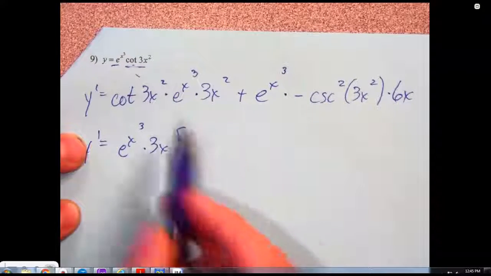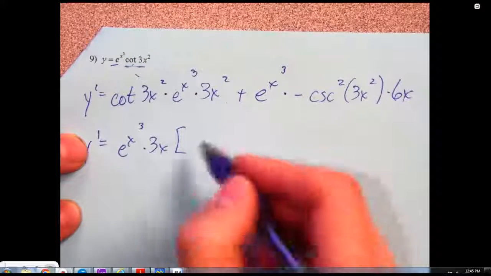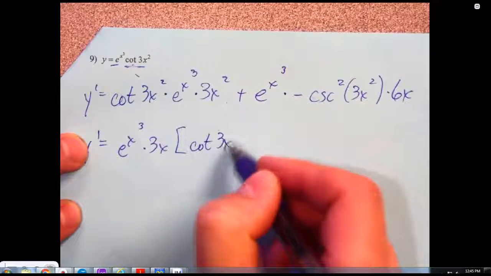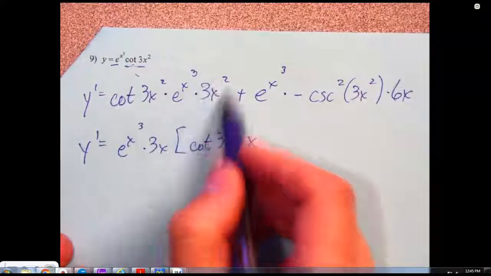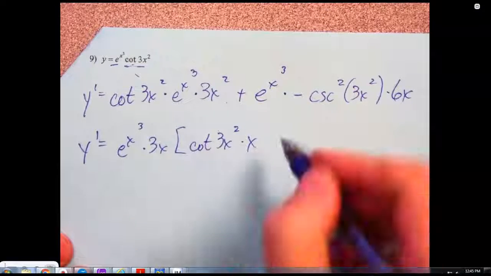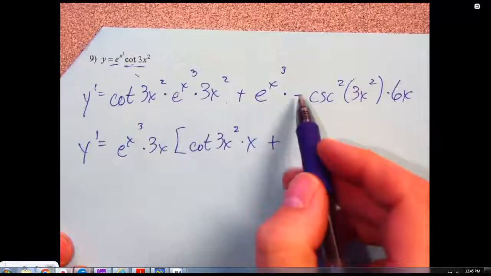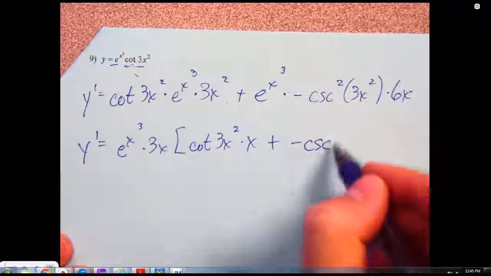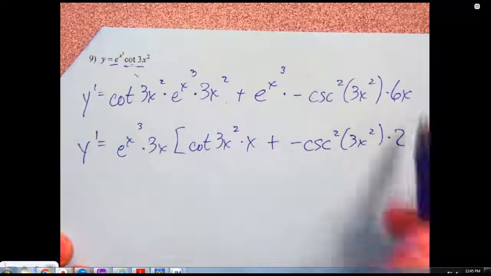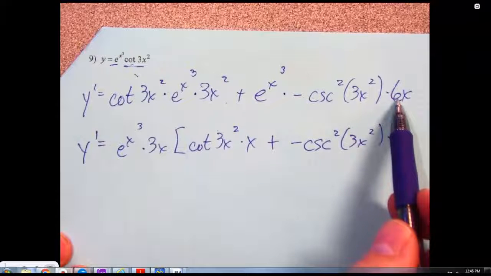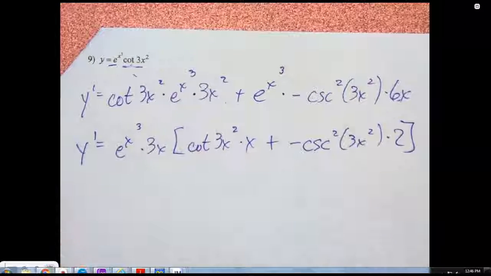What's left in this one is cotan 3x squared and then just an x, because if I took 3x out of 3x squared, there's an x remaining. And here, there would be a negative cosecant squared 3x squared and a 2, because if I took a 3x away from 6x, there's a 2 there. And that would be your answer.